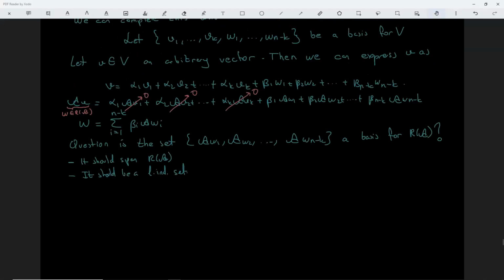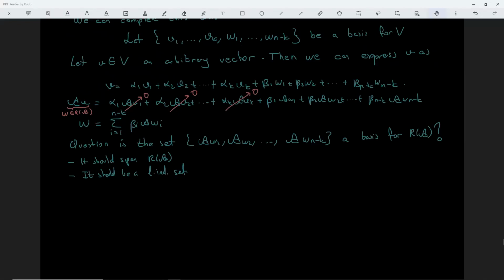Okay. So first of all, maybe we should clarify this range space of A, right? We said that if we pick an arbitrary vector in the range space of A, I can express that as a linear combination of these vectors.